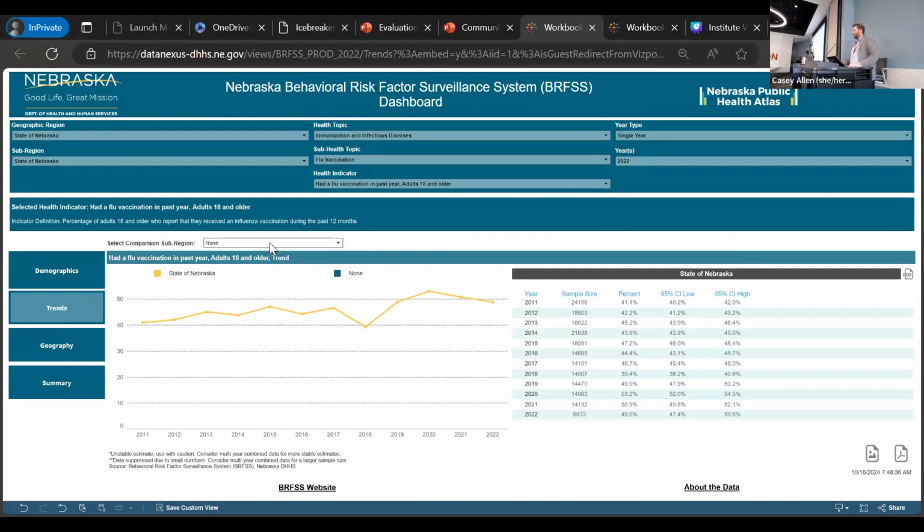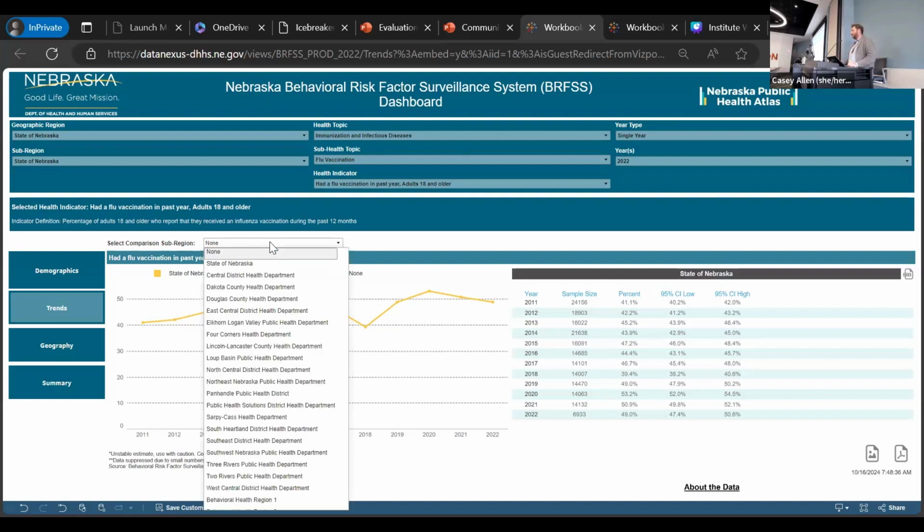Now, this dropdown also allows you to select different geographical regions within Nebraska in order to do comparisons. The comparison subregions are on the health department level because some of our counties are really small, having only a few hundred people. It would be too hard to generalize to those areas, so we're generalizing to the health district level.